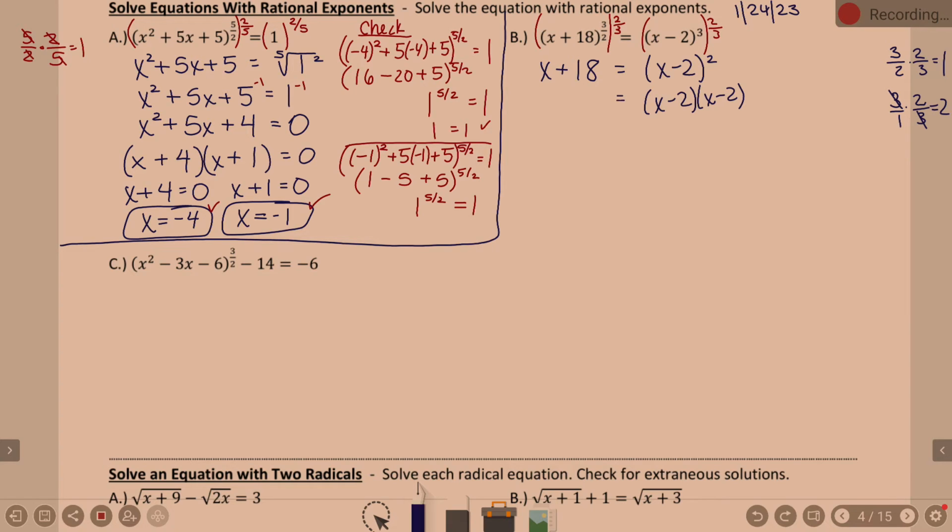So distribute, and you're going to have x squared minus 2x minus 2x and plus 4. The left is just a plain old x plus 18 that I'm going to carry down. If I clean up the right, I have x squared minus 4x plus 4.